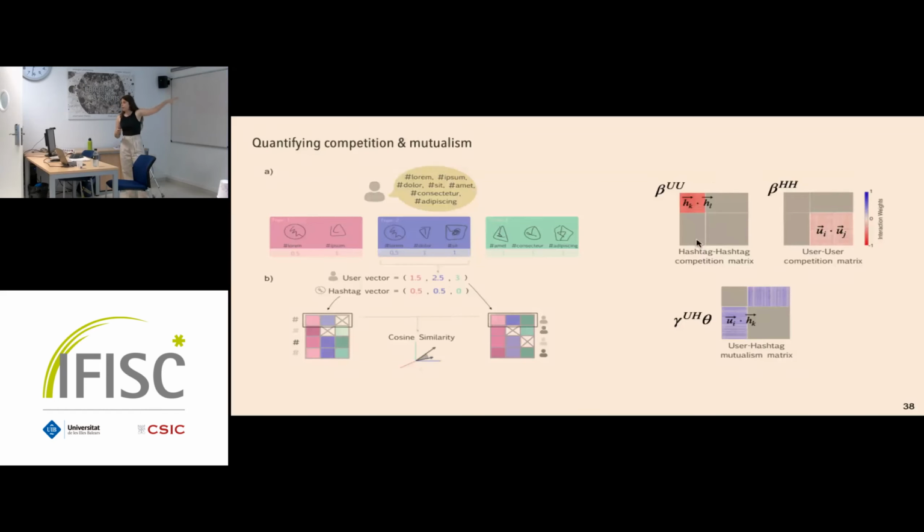Once we have obtained these matrices, our next step is to see how this competition and mutualism change across the periods, during all our data sets.